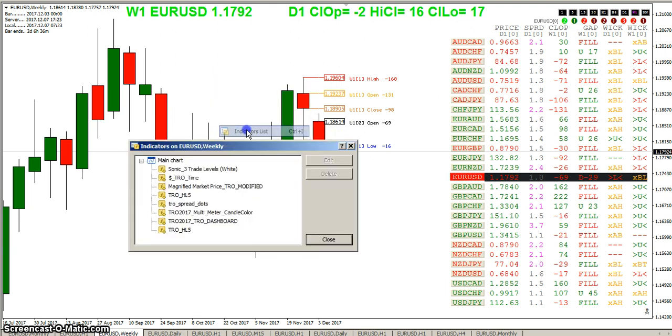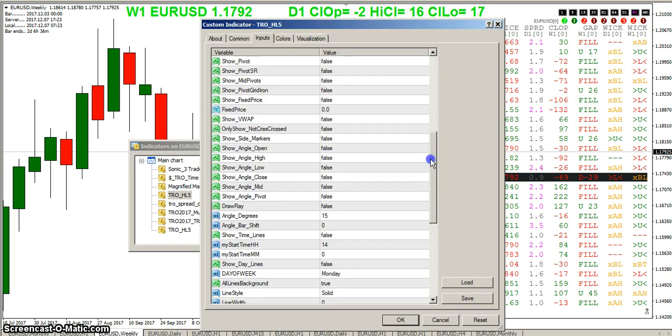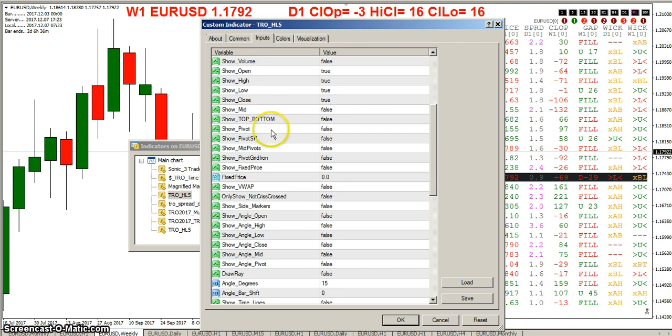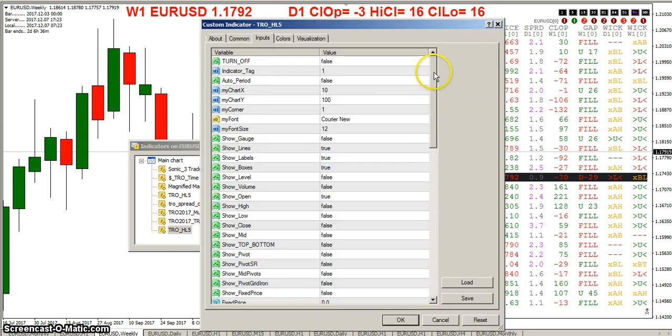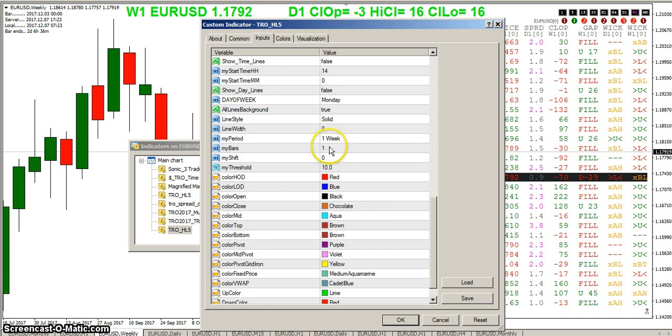Now, I just noticed one thing. I had mentioned that we might also want to use the midpoint. Wait, this must be this one. Yes. Period 1 bar ago.